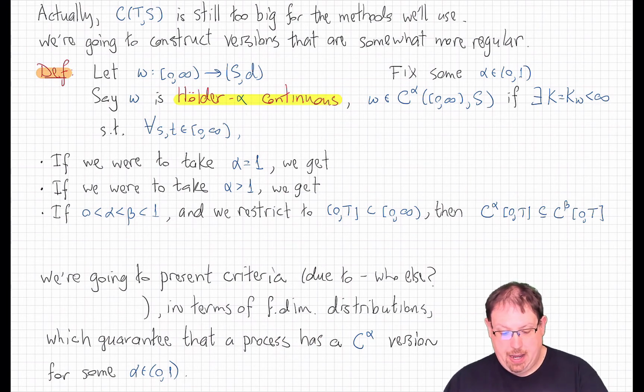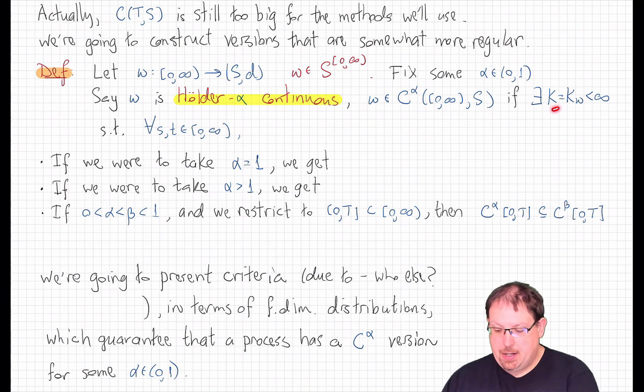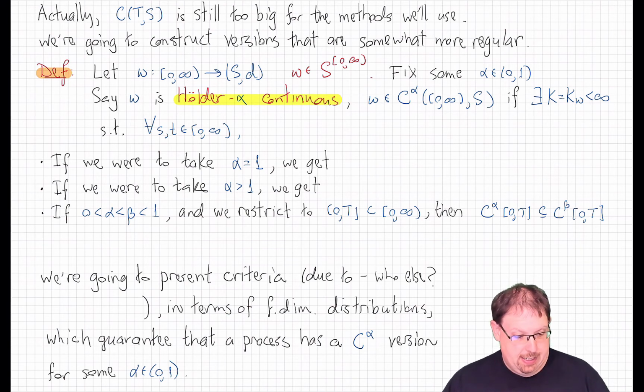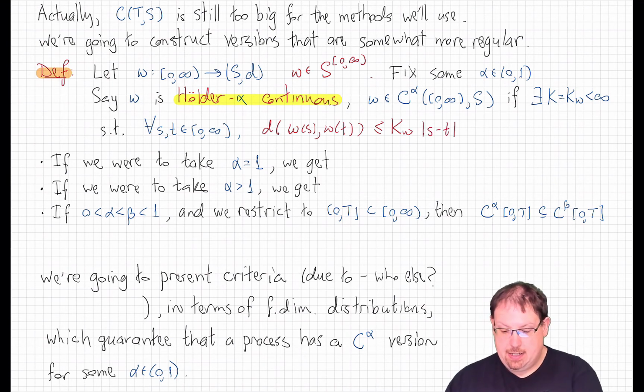So if I have some path, omega, from, say, the positive real line into a metric space, that is, omega is in S to the [0, infinity), for any fixed number alpha in the open unit interval, we say that function omega is Hölder alpha continuous, written like this, if there is some constant, which of course depends on the function omega itself, such that for any two times s and t, the distance in the state space between omega of s and omega of t is controlled by the distance between s and t, but that distance is going to be measured in this funny way, |s minus t| to the alpha.